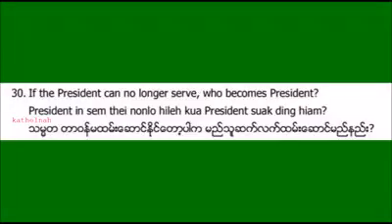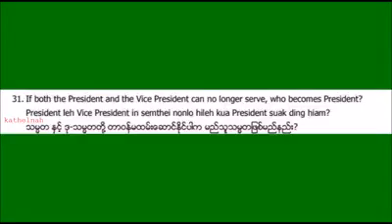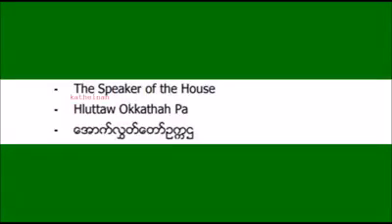Pence. If the president can no longer serve, who becomes president? The vice president. If both the president and the vice president can no longer serve, who becomes president? The Speaker of the House.